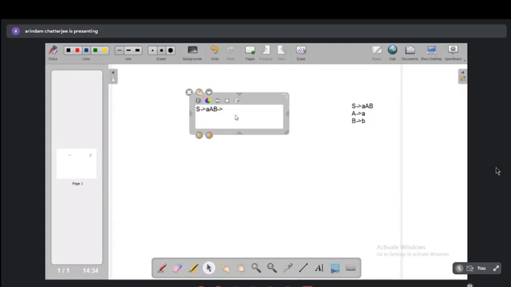Capital A. Okay, I am saying from S, we have the rule A, small a, capital B. And then capital A produces small a, capital B produces small b. These are the set of rules. Now, I have this step. Now, I am using a rightmost derivation.